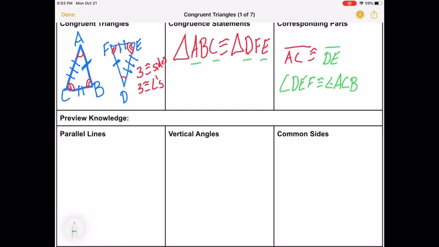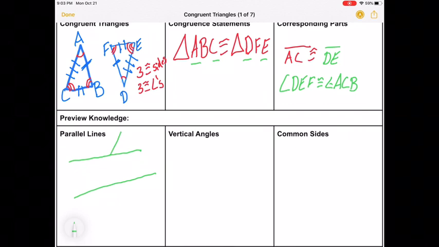Parallel lines. So this is what we did last chapter. You have 2 parallel lines cut by a transversal. So any of those relationships that we used previously will come into play here as well. So some to watch out for would be alternate interior, corresponding, obviously vertical, but that's already written.